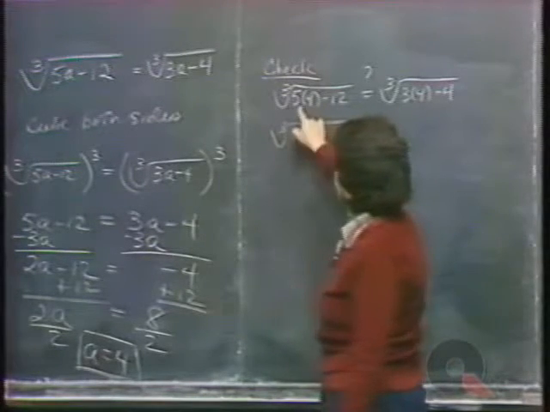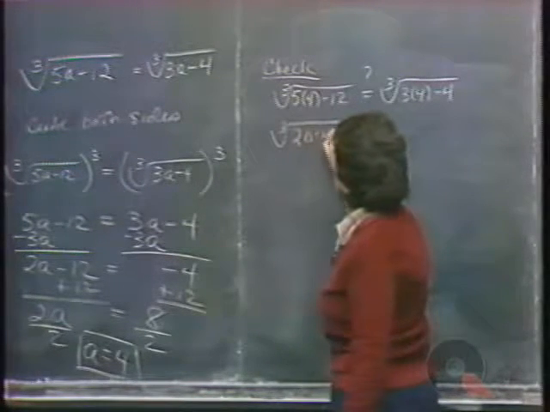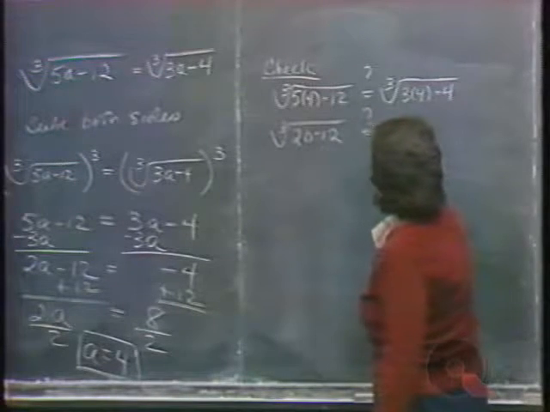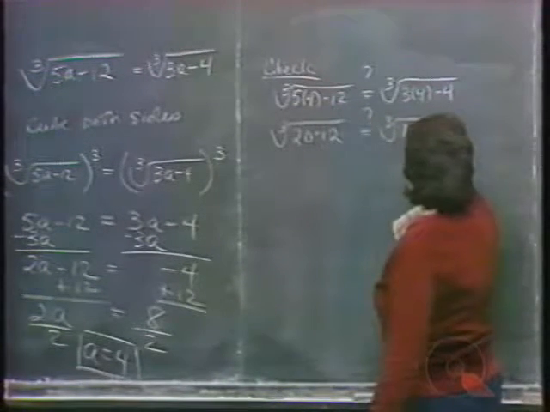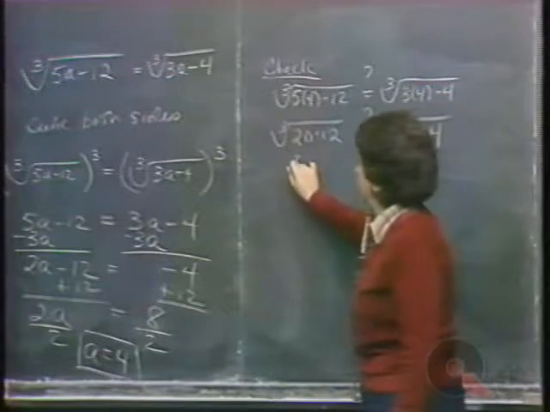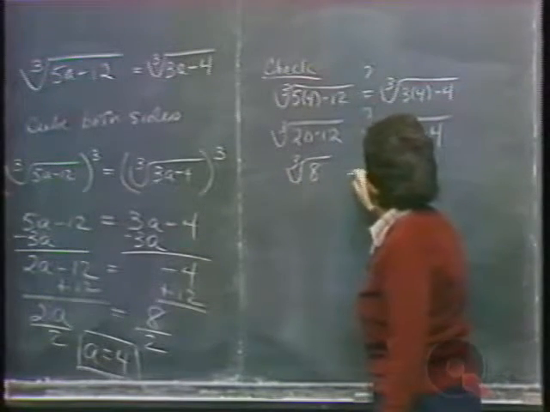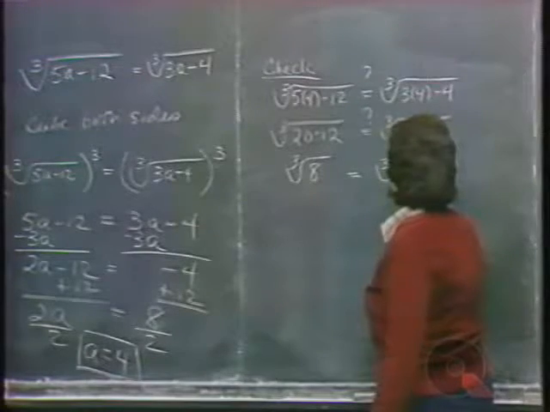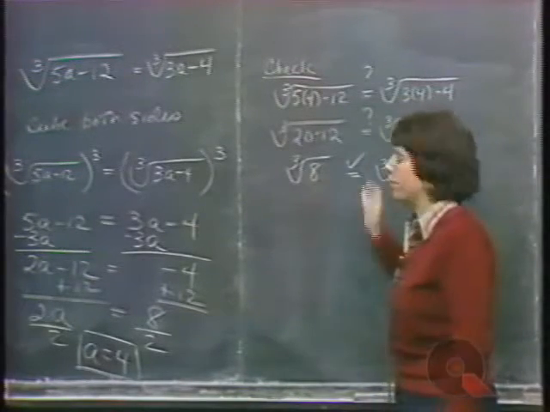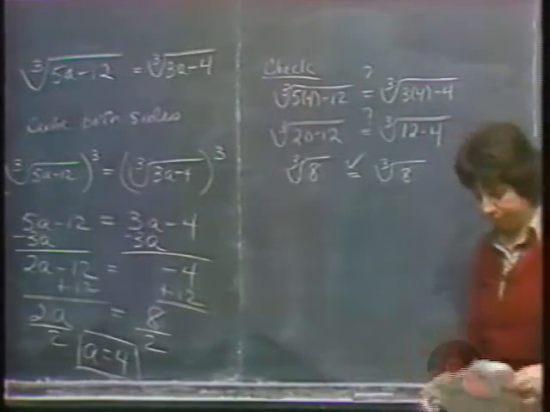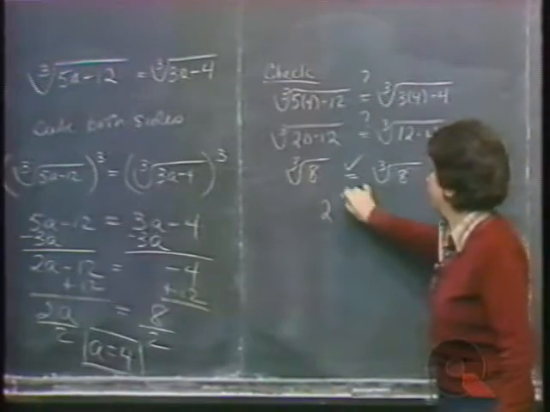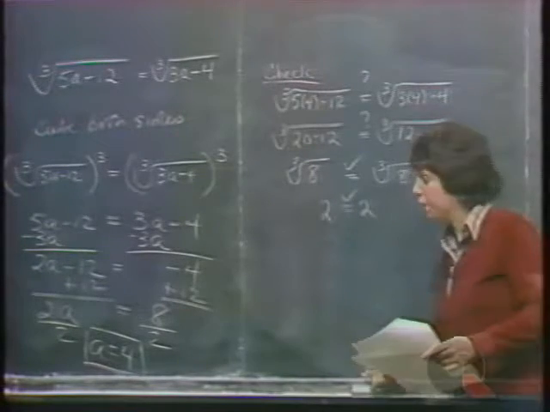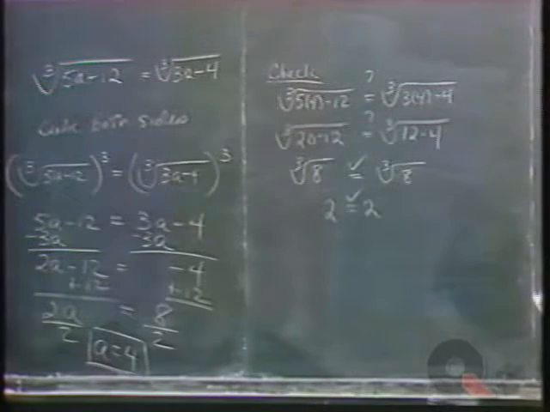The cube root of 20 minus 12 should be equal to the cube root of 12 minus 4. The cube root of 8 equals the cube root of 8. It checks out. Cube root of 8, of course, is 2. But you could have stopped at that step. Okay, let's try another problem.